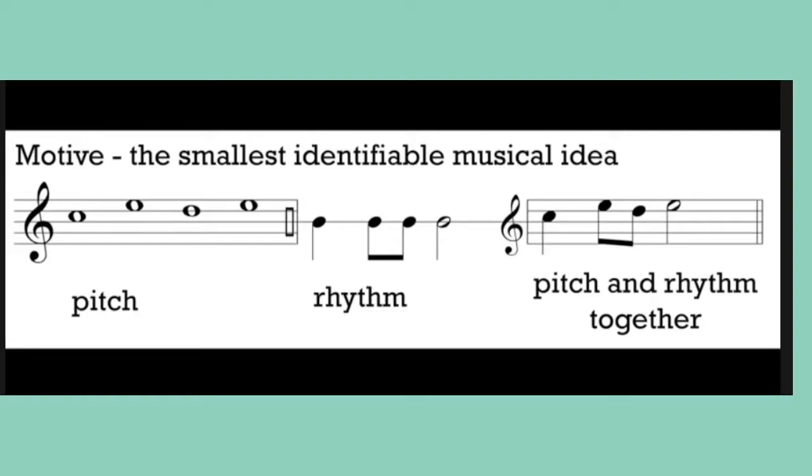We'll be looking at motive throughout different examples in class, but I just want to get this basic idea to us that when we talk about motive, we're talking about a very, very small idea that we can identify, and often that we see as something that is developed and used repeatedly throughout a piece of music.